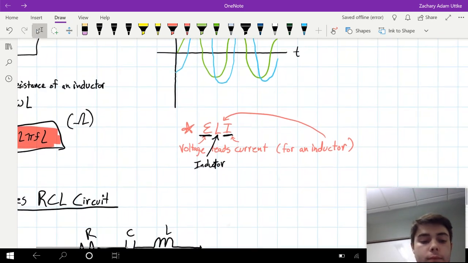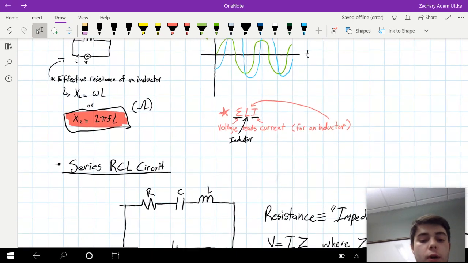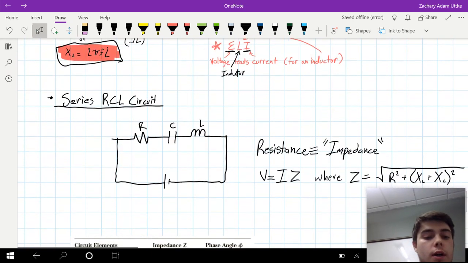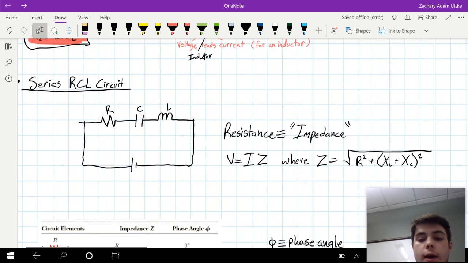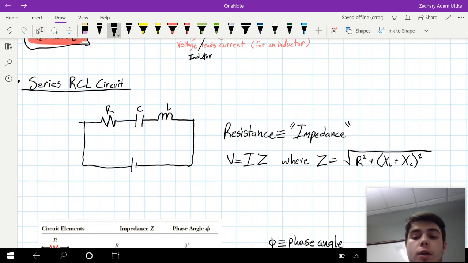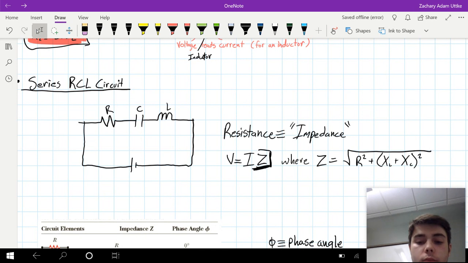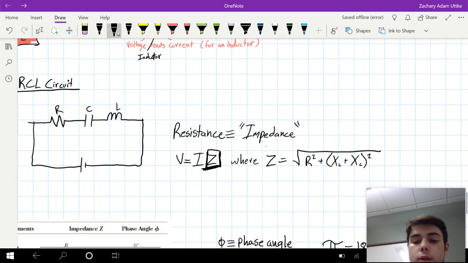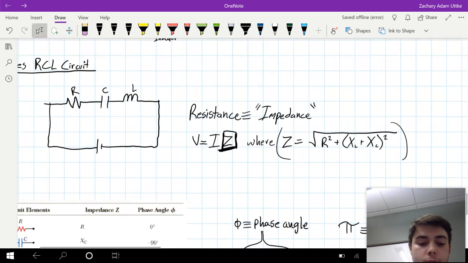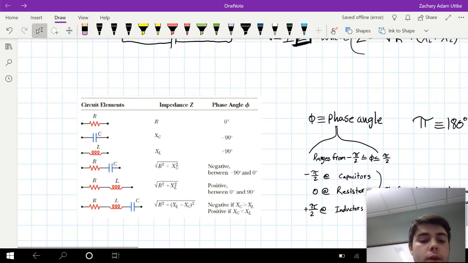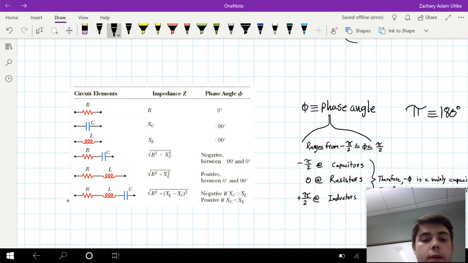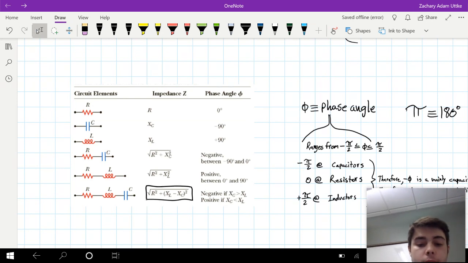Just like that. Okay? And when we put all these things together into a series RCL circuit, we have that the resistance is actually going to be called something different, called the impedance, which is Z. And the equation for Z is this right here. And depending on what is in the circuit, the impedance will vary. So if it is an RLC or RCL circuit, we have Z. And if we just have a resistor and an inductor, we instead have this.